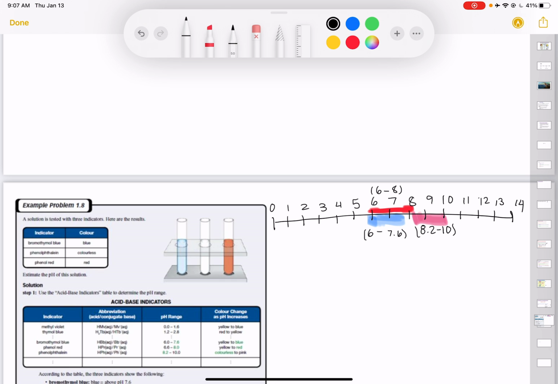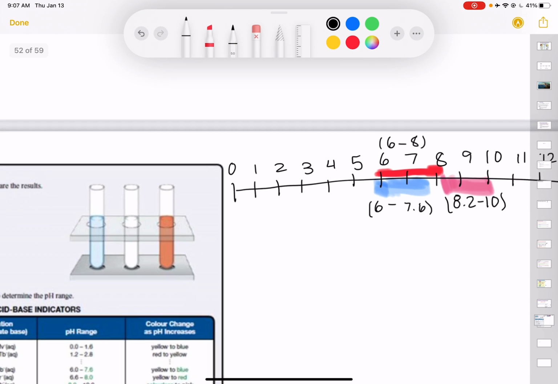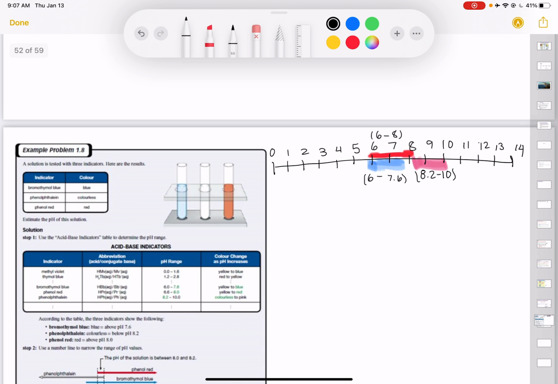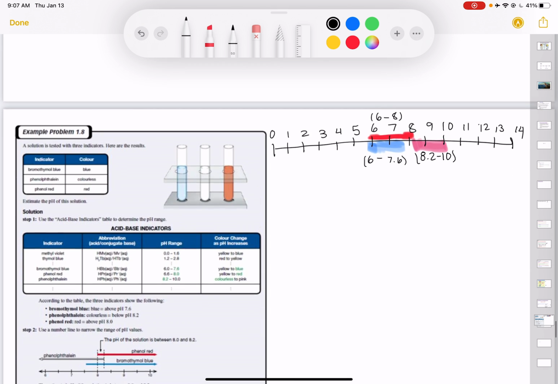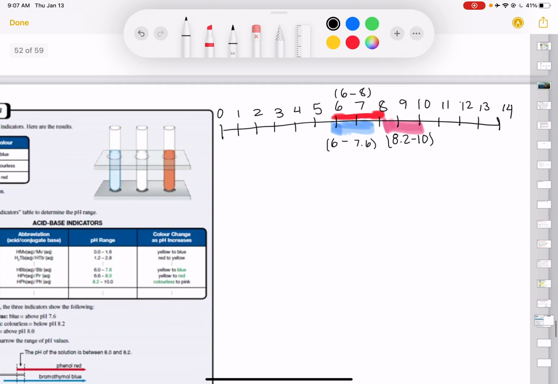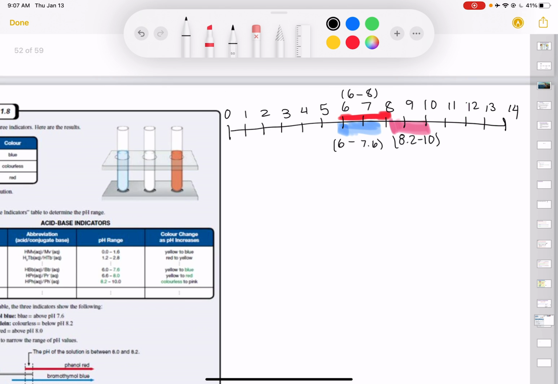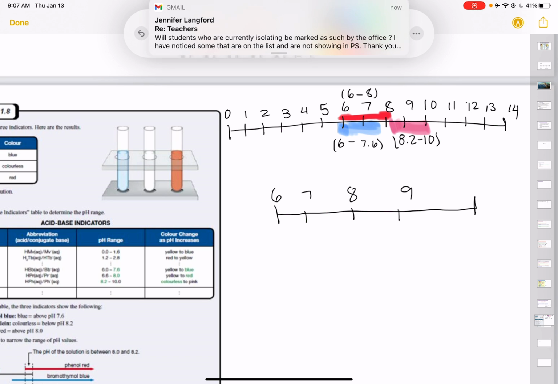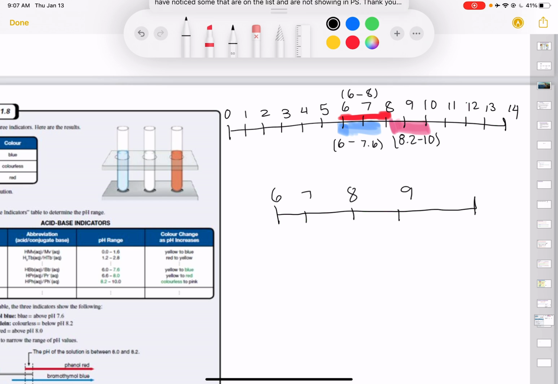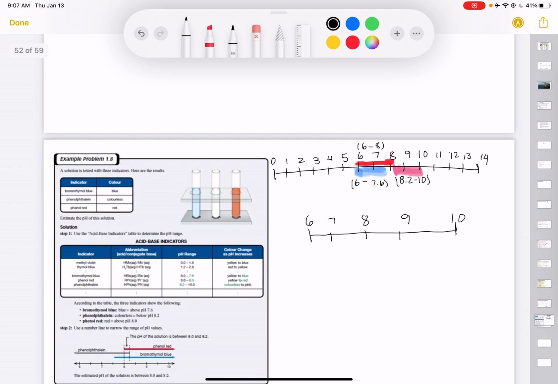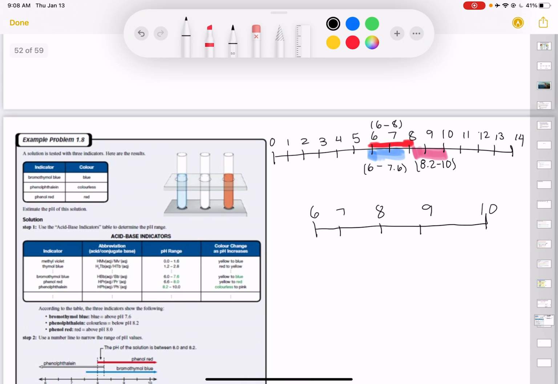So that's a really small range, and the actual example only shows this range. So we're only going from 6 to 10. I could zero in on that area. 6, 7, 8, 9, 10. All right. Now we've got to figure out what the color comes up with.